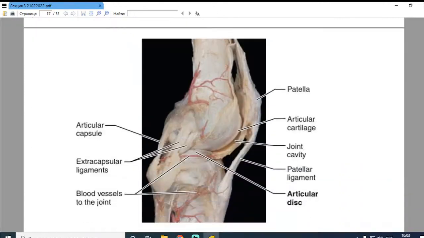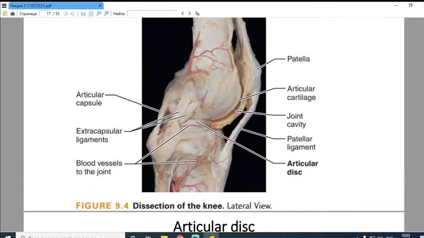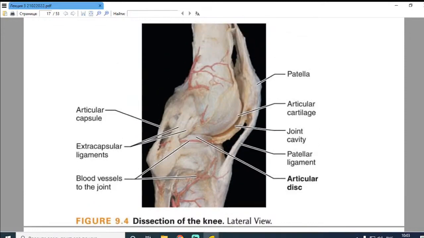Example: the knee. This is a section of the knee. You see the femur. This is the articular capsule. You see the joint cavity.